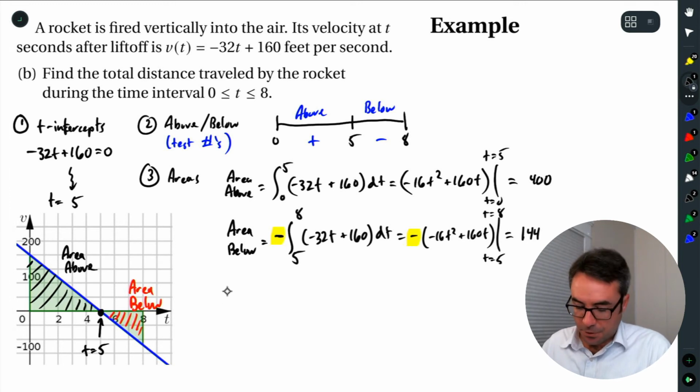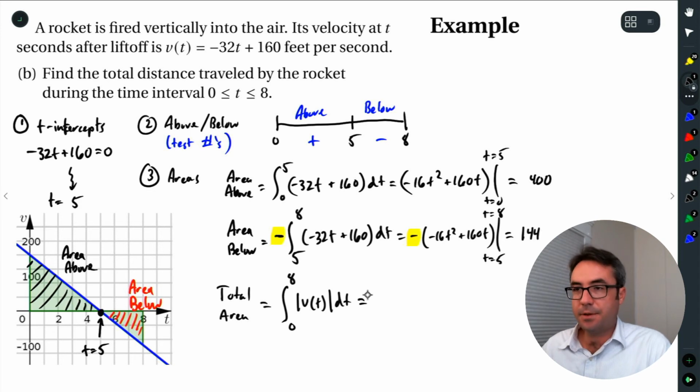So then to get the total area, it's really the integral from 0 to 8 of the absolute value of our function. But really the way to think of this is it's just the area above the horizontal axis plus the area below.